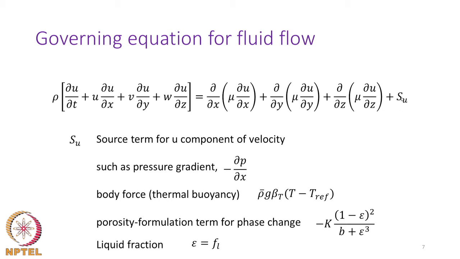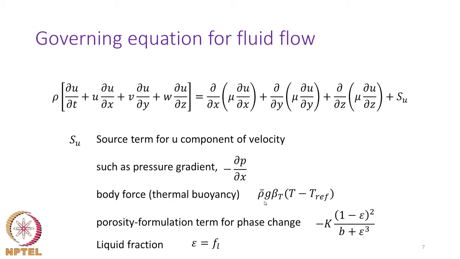And the source term is here going to have various terms depending upon the phenomena. We would normally have the pressure gradient term, where the gradient will be in the direction of the component of the velocity for which we are writing the equation. And then we will also have, for example, body force terms referring to, for example, thermal buoyancy or solutal buoyancy.